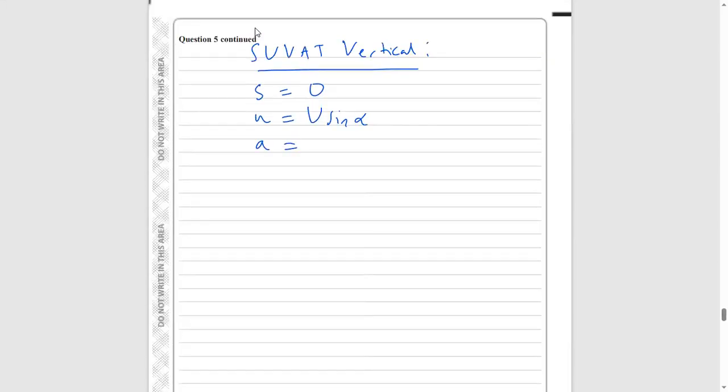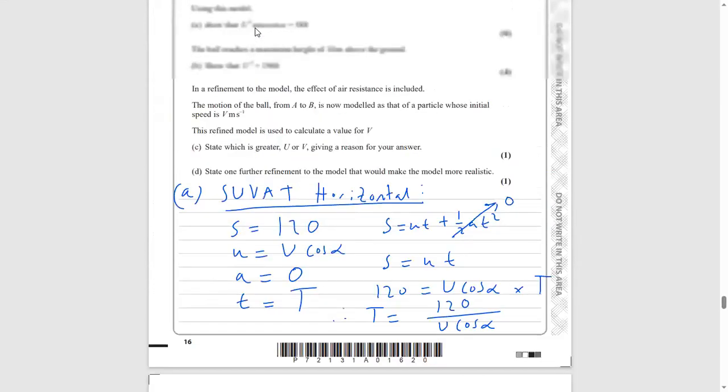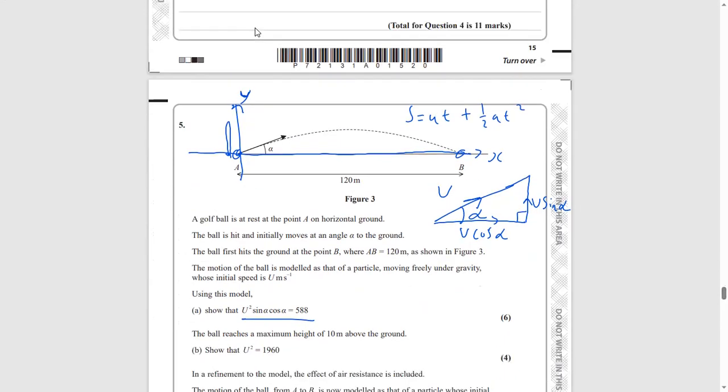So why is it negative? Let's remind ourselves why it's a negative gravitational acceleration. Remember with SUVAT letters, we're dealing with vectors here. Velocity, acceleration, displacement are all vectors. If we've got a positive velocity initially, so U sine alpha is a positive value, our acceleration is going against the motion, isn't it?